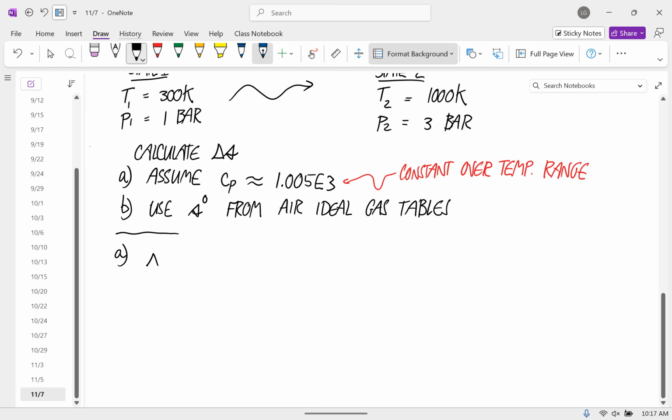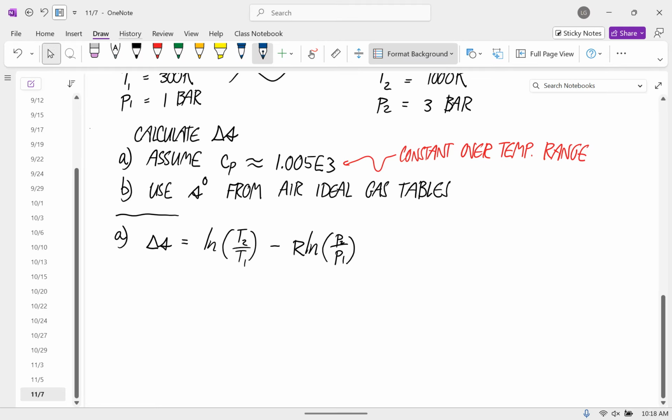So we're going to use that the change in specific entropy is equal to CP times the natural log of T2 over T1 minus R times the natural log of P2 over P1. And I left off the CP here.